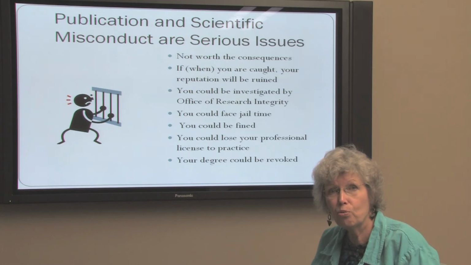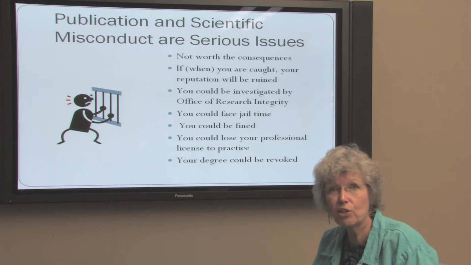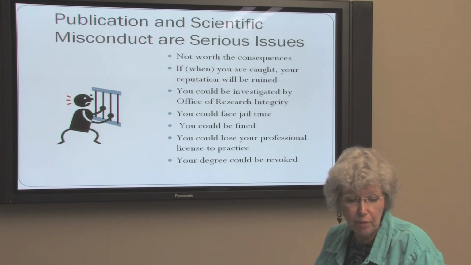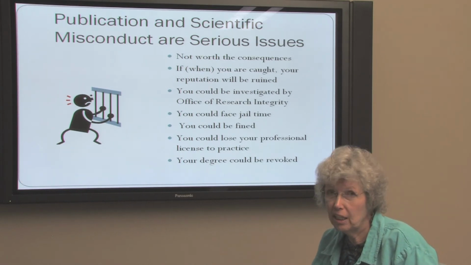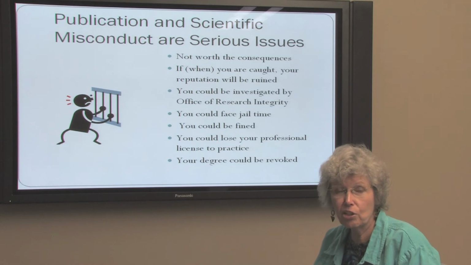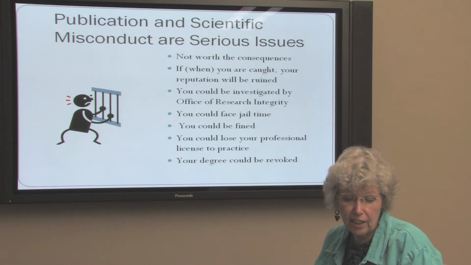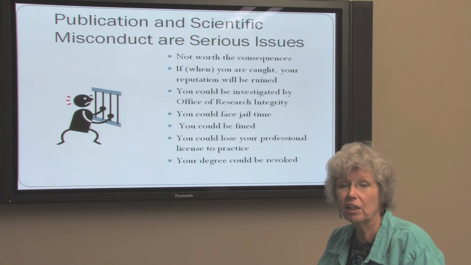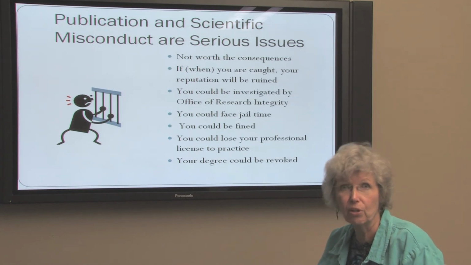What you need to do, we've covered that in the previous modules here, as far as learning how to appropriately paraphrase and cite work, making sure that you are not plagiarizing anybody else's material, that the thoughts are your own, that the work is original, and that you have appropriately credited everybody who was involved in the research that you have done, whether it's as an author or a contributor.